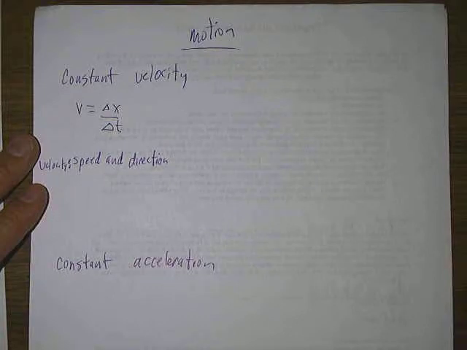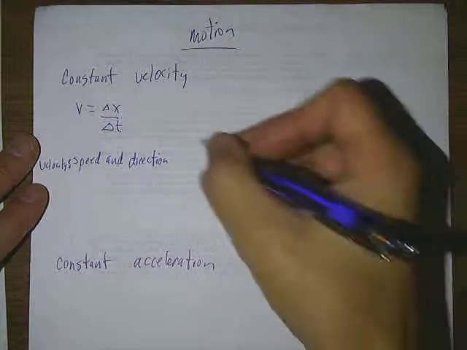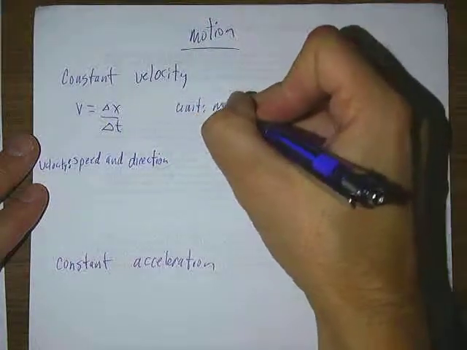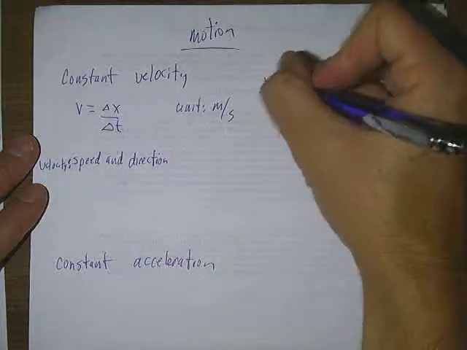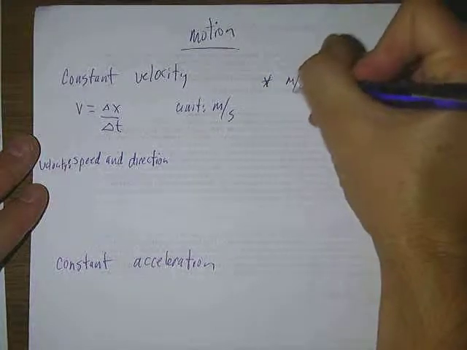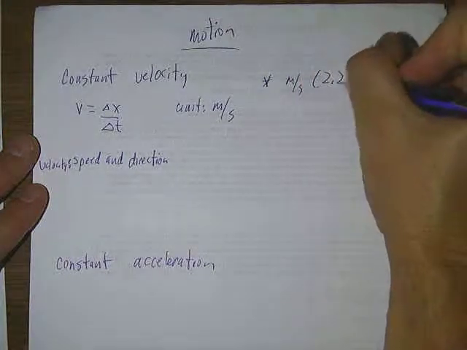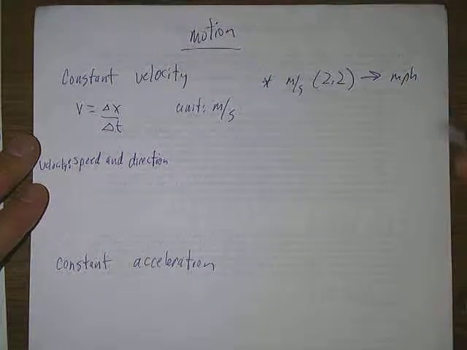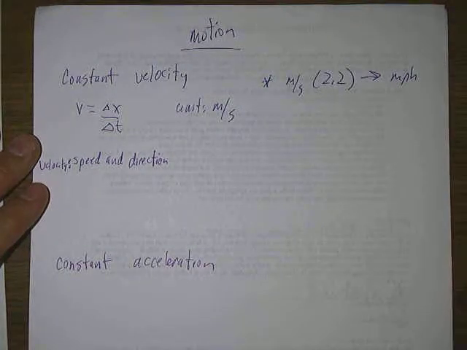So 40 miles an hour to the north is not the same thing as 40 miles an hour to the east. Those are different. For units for this, most of the time we use meters per second, but remember that rule of thumb: if you have meters per second and you double it and add a little extra, you will get miles per hour. So that's one that you'll need to make sure you know.